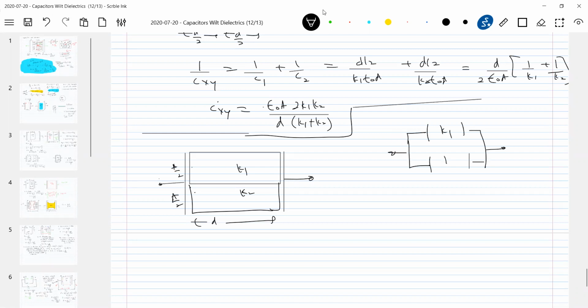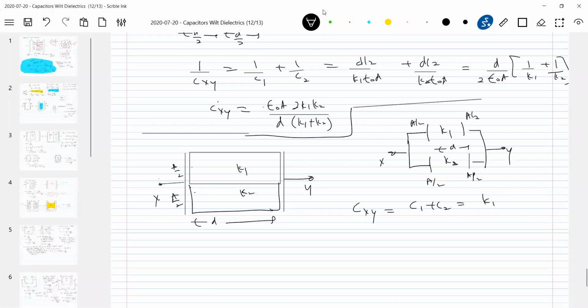So here K1, K2. The distance of separation is d. What is the area of cross section? A by 2, A by 2. So therefore, what is the effective capacitance Cxy? In this case, it will be C1 plus C2 directly.